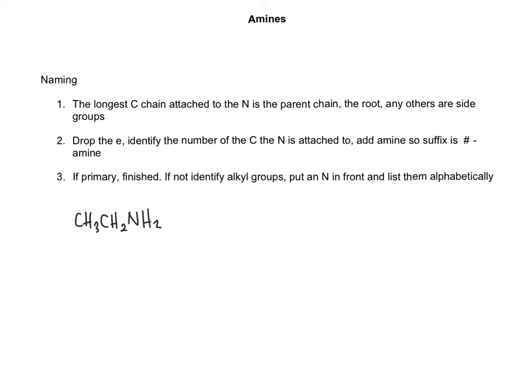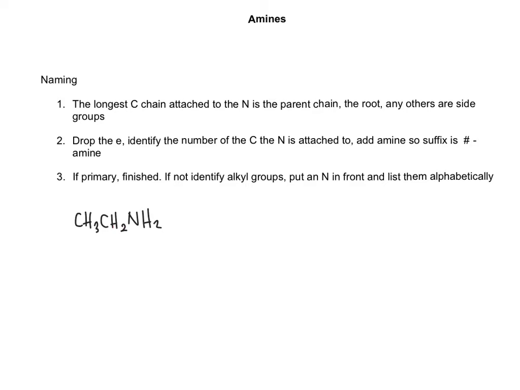So this first structure is a primary amine. So we just have to name the carbon chain and which carbon is attached to the nitrogen. So if you look at this, we've got two carbons. So either way, it's going to be carbon number one, so we don't have to put in the number this time.